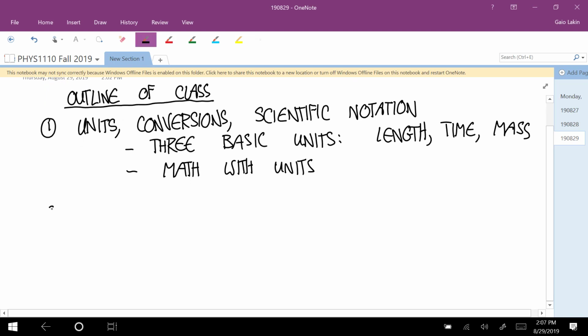And then after that, we'll get into the first physics topic, really, which is one-dimensional particle kinematics.